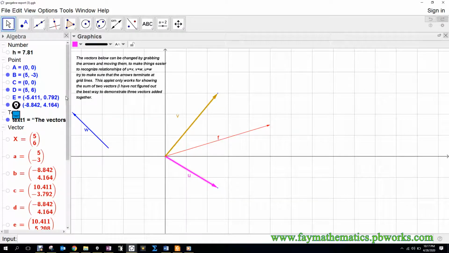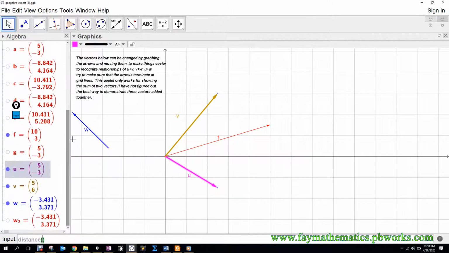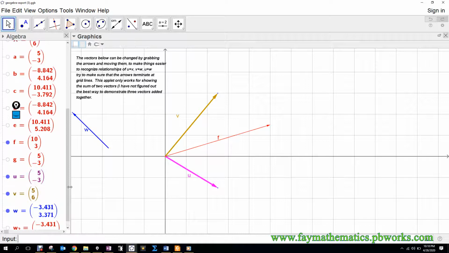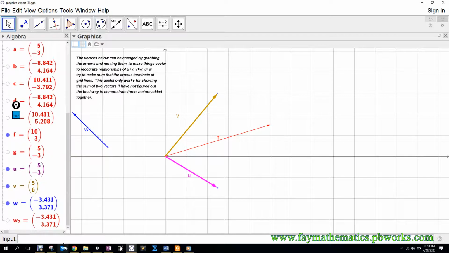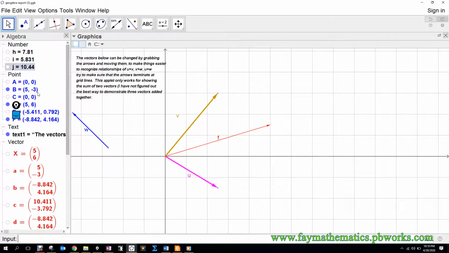Just for convenience's sake, let's do the distance of u as well. So u is terminating at 5, -3. So we'll go from 0, 0 to 5, -3. So that's the distance of u. And now I'll do that for the sum as well, the distance from 0, 0 to 10, 3. And that's going to give me 10.44.